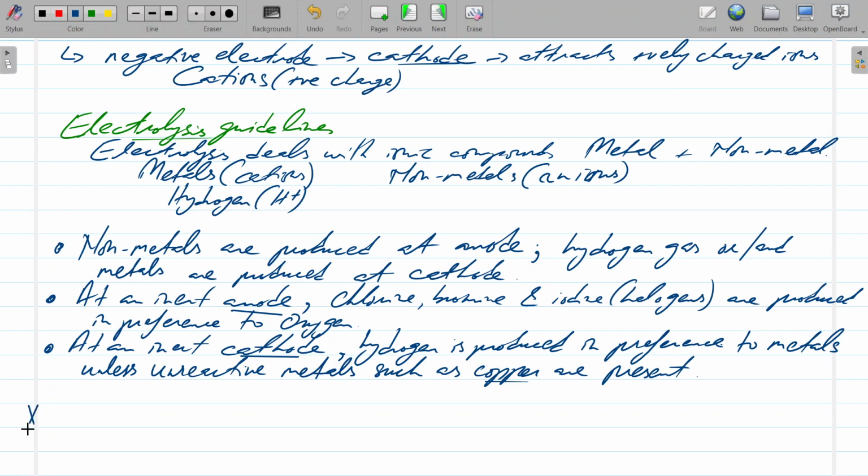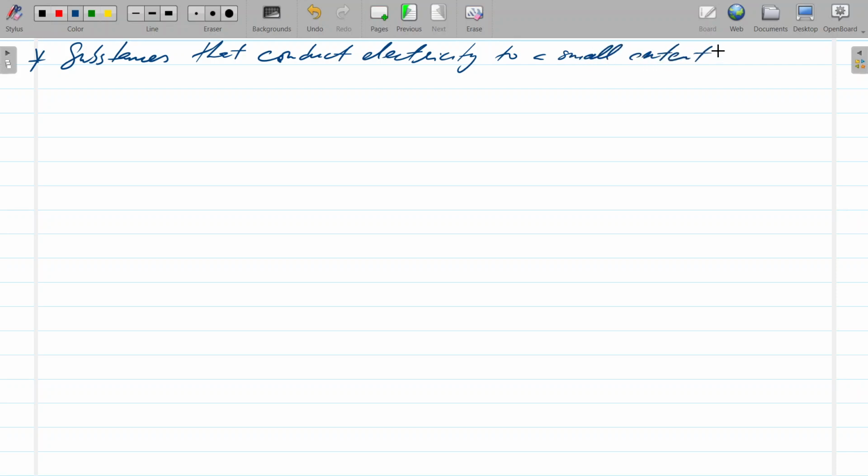Oh, another thing, sorry. Substances that conduct electricity to a small extent, either in the molten state or in solution, are called weak electrolytes because they're not doing a very good job.